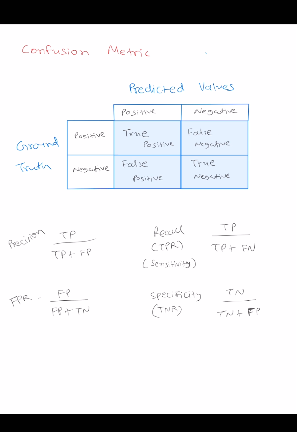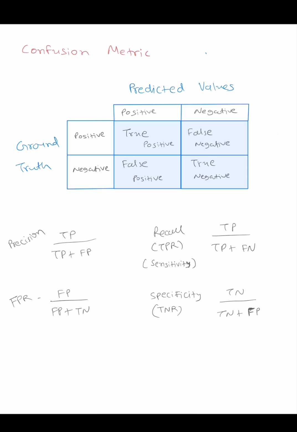But in the case of specificity, which is the true negative rate, here we focus on true negatives. For any problem, if we find that true negatives are costly, then we want to go with this metric.